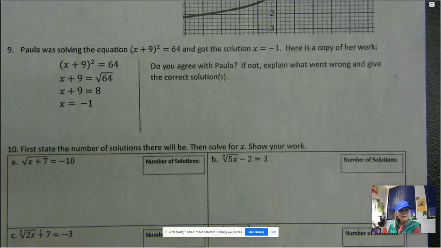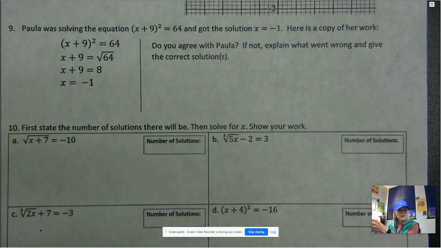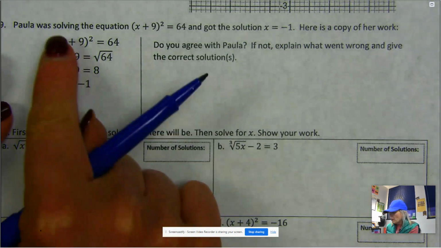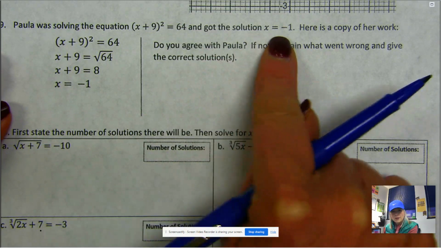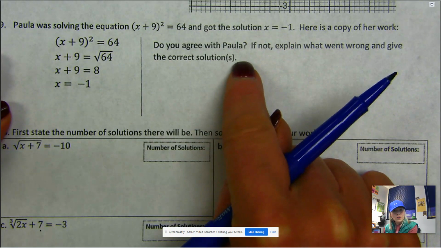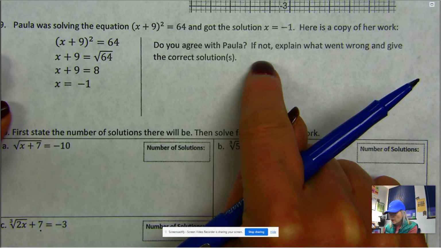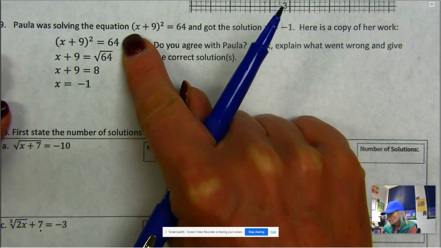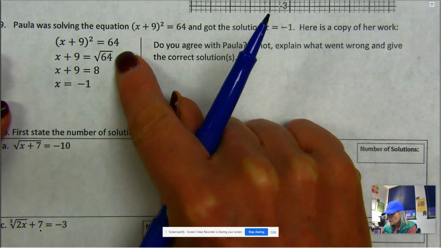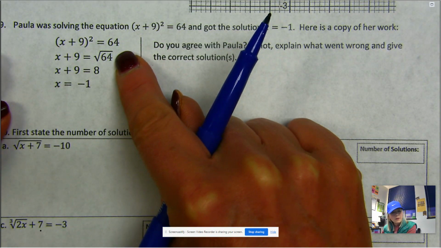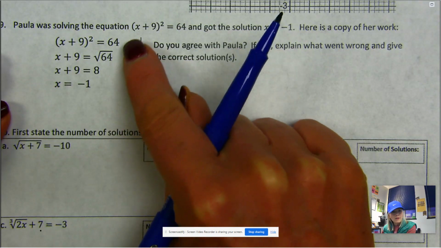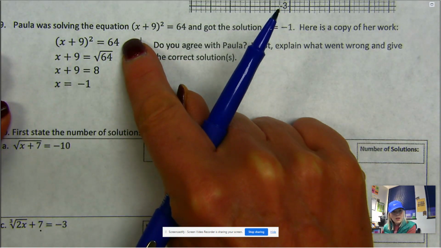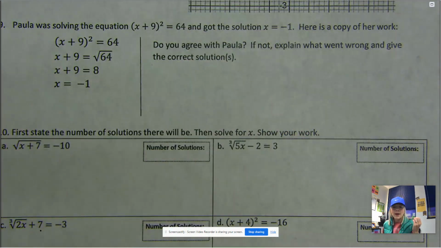All right, next question here is about solving an equation and getting the solution. So we need to figure out if we agree or something went wrong. So let's look at the steps. So something squared is equal to 64. So the first thing to do would be to square root. Okay, but what I see right here already is that when you take the square root of a number, you have to remember every positive number has 2 square roots, a positive one and a negative one.